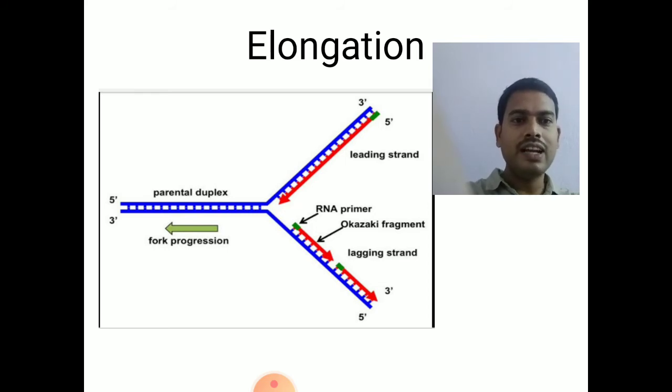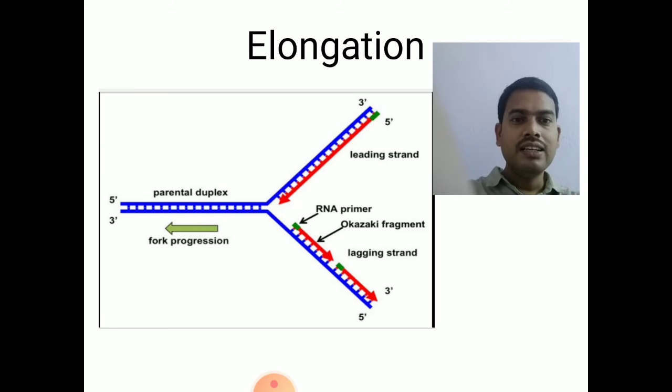One strand is called the leading strand or continuous strand. The other one is called the lagging strand or discontinuous strand. Leading strand means the DNA synthesis will take place continuously in the leading strand, so it is called the continuous strand.